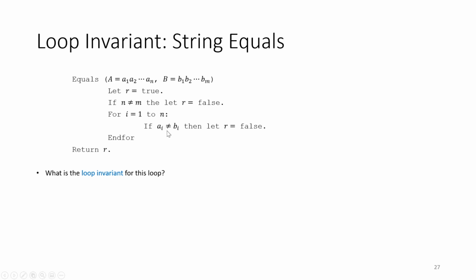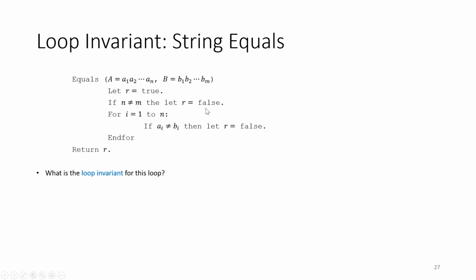Or a more formal way of saying that is we know that A1 is equal to B1 and A2 is equal to B2, all the way up to AI equal to BI, for iteration I. After iteration I, we have confirmed that last piece. So that's the R is true bit: R is true, and so far our symbols are the same. Plus one little piece, we know n equals m, but that part might not be as important.